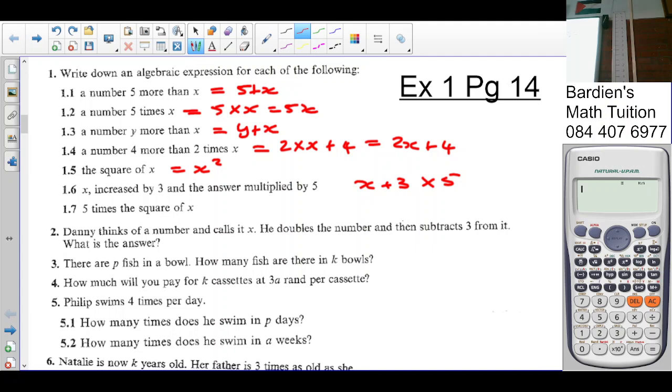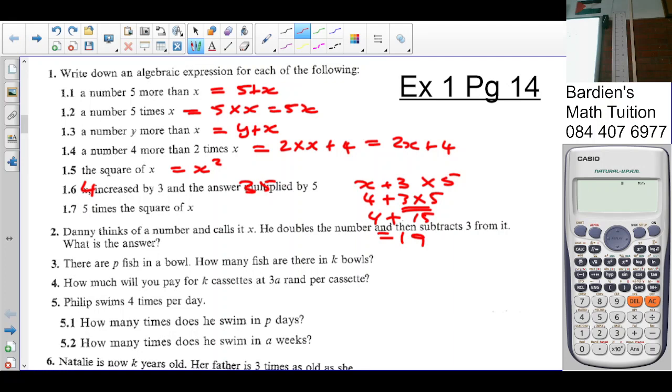So it's wrong. The bracket is actually correct. Because say x is, no, let's use 4. If x was 4, 4 increased by 3 I get 7. And 7 times 5 is 35. But if you're going to say 4 plus 3 times 5, that's going to need to be calculated first, which is 15 plus 4, which is 19.